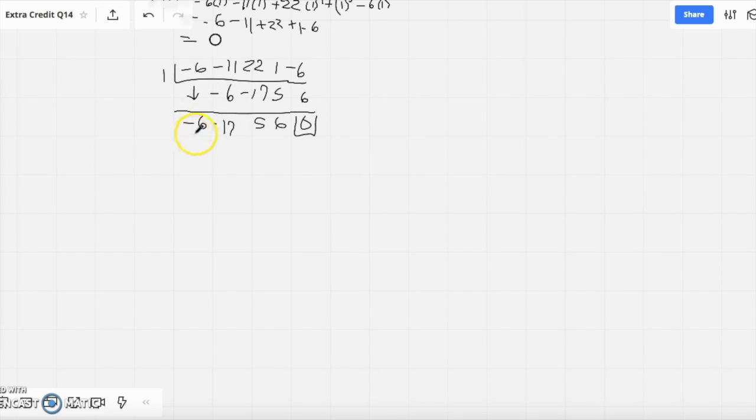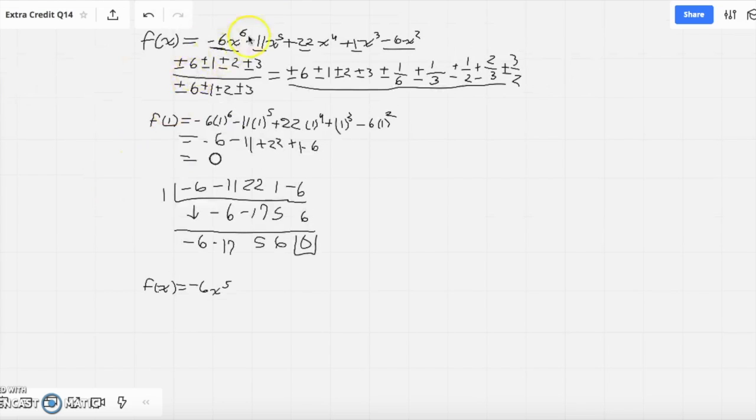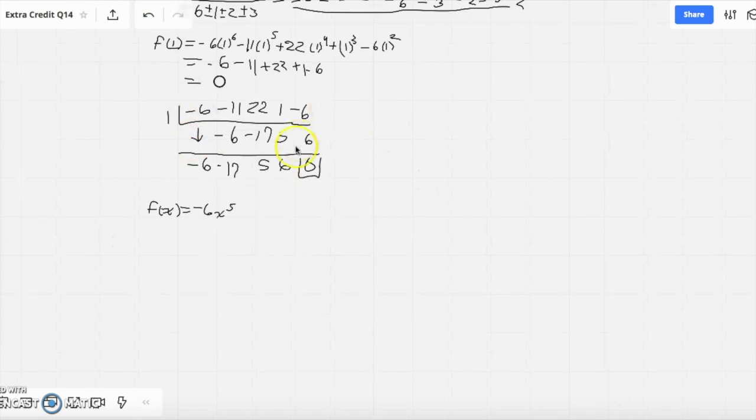So these new numbers that we have here will become the leading coefficients of our new equation. So f of x is going to be equal to negative 6x to the 5th, because what we did is we eliminated a term in the previous equation. This was originally to the 6th. After we did synthetic division, we reduced it down, so now it's only to the 5th.